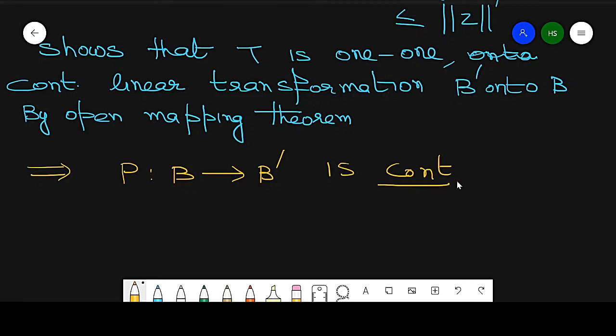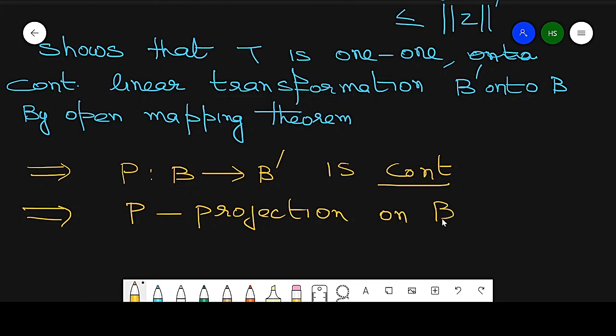So what did we prove? We proved that P is idempotent, number one. Number two, continuous. If it satisfies all the properties of a projection, then it means P is a projection on B. This proves the result of projection on a Banach space.